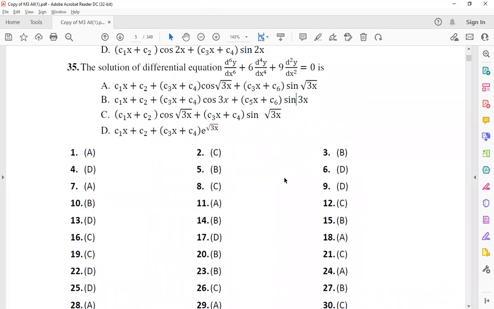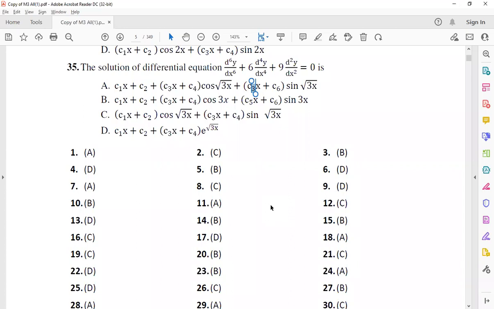Ma'am, there C5x should be there. That is the mistake. Yes, there it should be C5. They cannot use a constant which is already used, so yes, it can be a printing mistake. There should be 5, but there is no other option which matches, right?